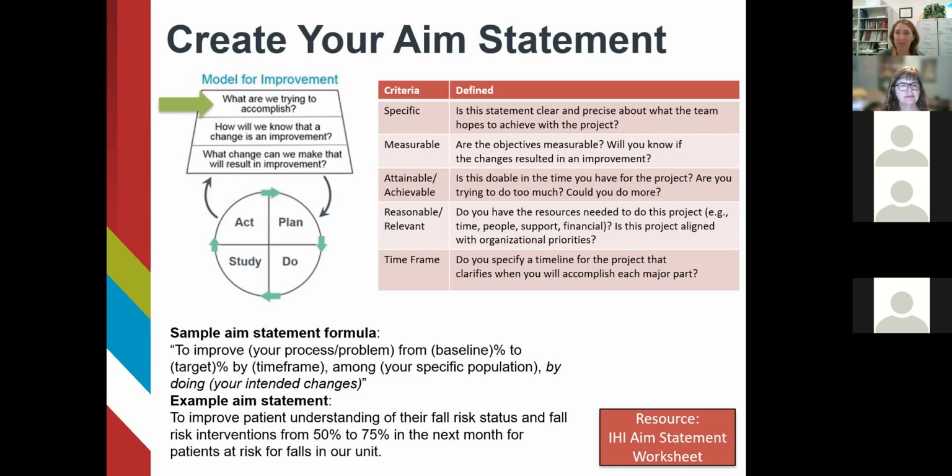So setting up an aim, or a specific aim statement, can really be useful to help guide your improvement efforts moving forward.